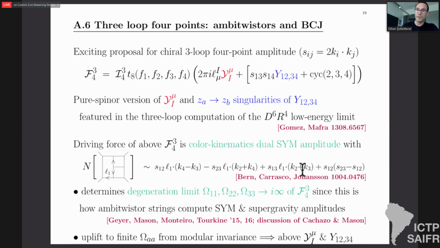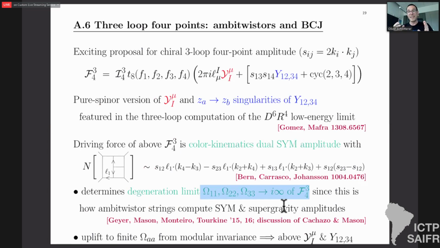And part of the deal was to have a good nose for the modular forms that you need to decorate it with. I mean, it's at the heart of the ambitwistor method at work that in the first place, the field theory numerators give you a certain degeneration limit. But the proposal is for generic values of the omega_AB.